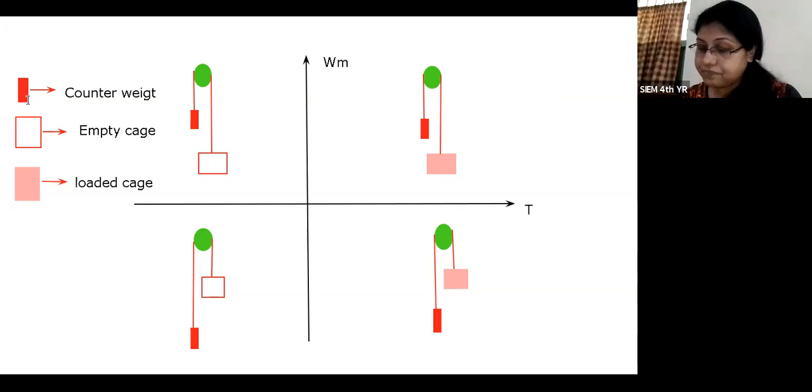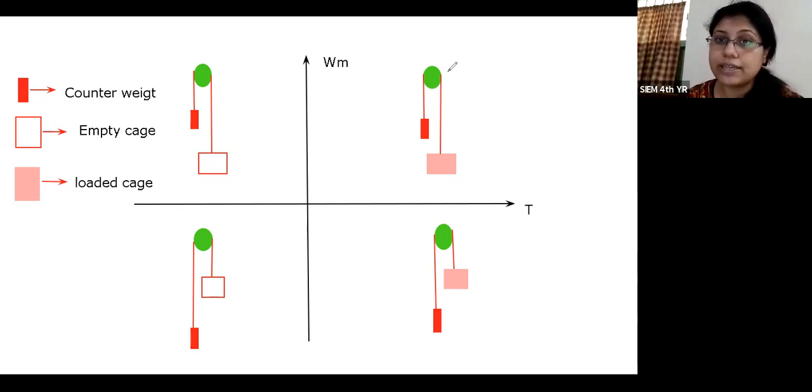Now, in the first quadrant, as omega m is positive, we are considering the anti-clockwise direction of the speed as positive.